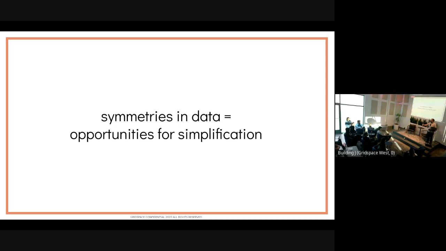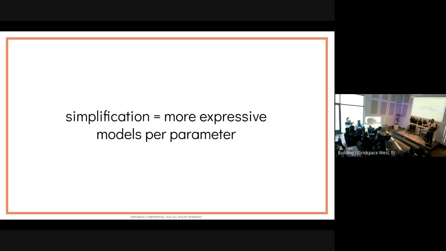If I reflect a circle through its center, you still have a circle of the same size and shape. And so symmetries imply opportunities for simplification in machine learning. And simplification means you can make more expressive models per parameter. What does that mean? That means that with a model of similar size, you can do more, or you can take your model and make it smaller and do the same amount.